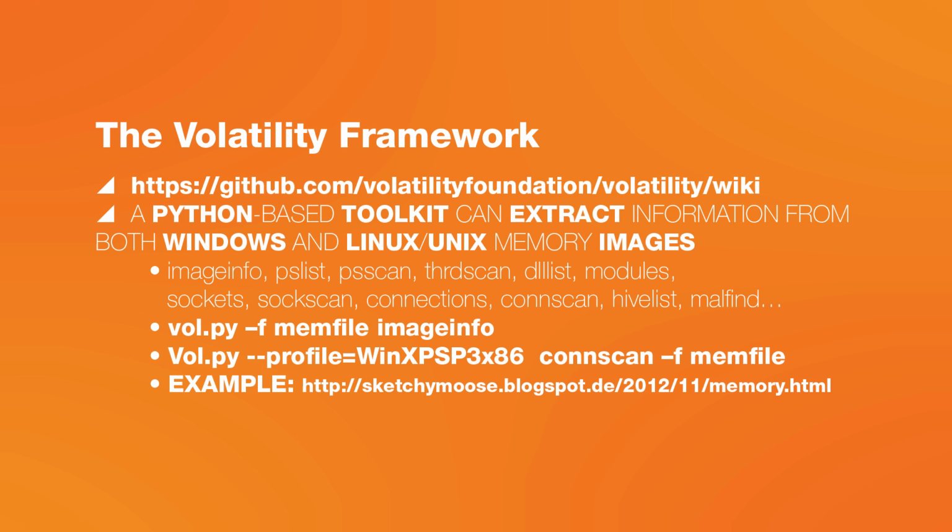EPROCESS linked list. Volatility Framework supports a variety of plugins, including pslist, psscan, dlllist, modules, connections, connscan, hivelist, etc., to allow us to extract processes, threads, registry, network connections, and many crucial pieces of information. The pslist plugin instructs Volatility to use PsActiveProcessHead to list all running processes.